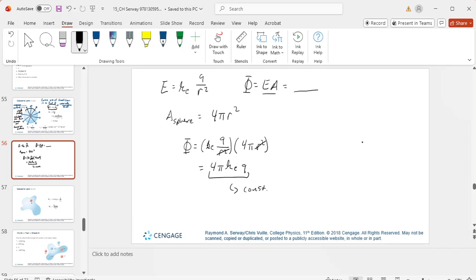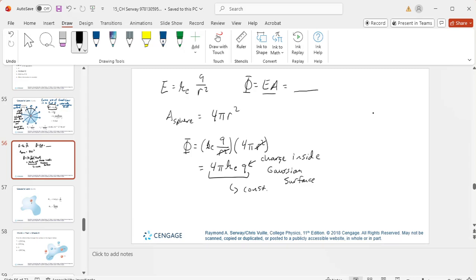If some charge is inside your Gaussian surface, it doesn't matter how big or small you make that surface. As long as the charge is inside, then the flux will be the same.